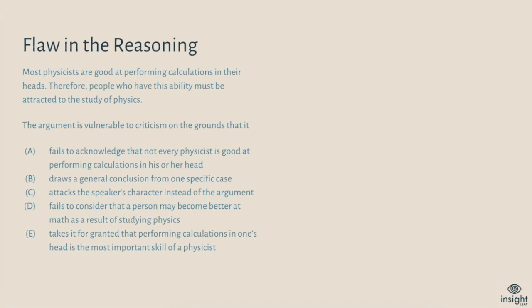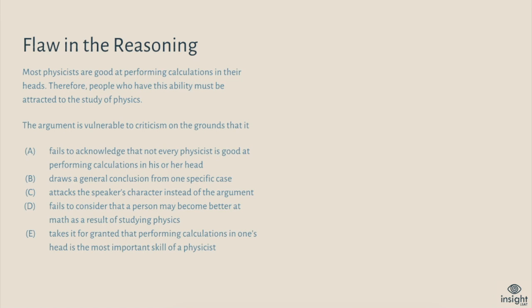But what can make this question type difficult is the way that answer choices are often phrased. On the LSAT, the answer choices for flaw in the reasoning questions can often be phrased in very complicated, abstract language. So you might read through a blurb and you might see that something's clearly wrong with the argument. And you might even be able to describe what you see the problem as.